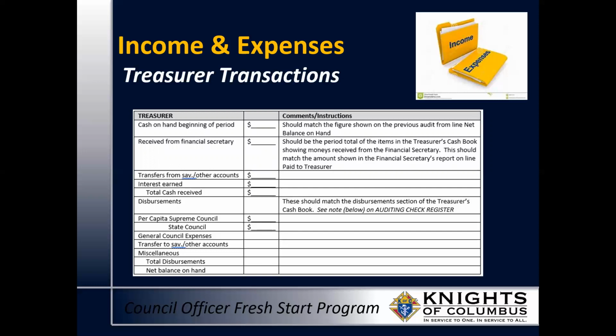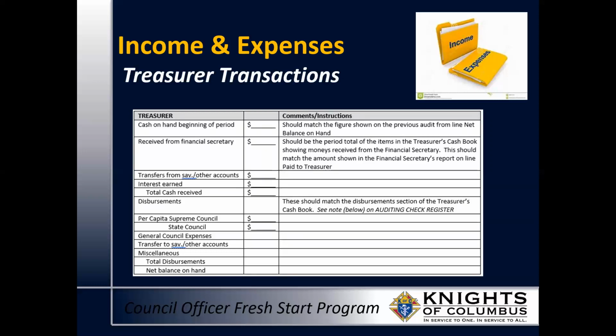So very simply, when you did the June audit, whatever balance was on hand as of June 30th, and now you're doing July through December, that number would be the line on the top that says cash on hand at the beginning of the period. So you would just copy that number from your last audit.